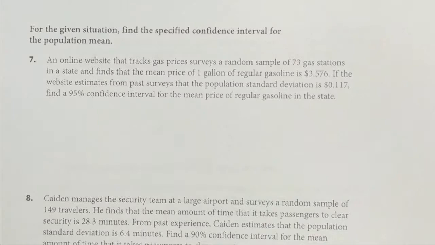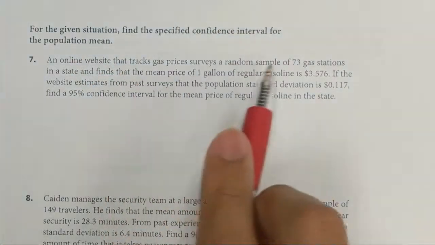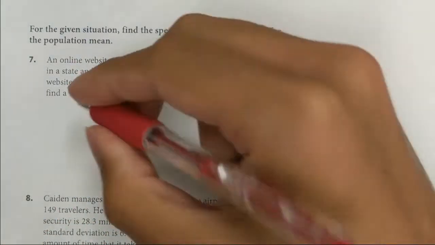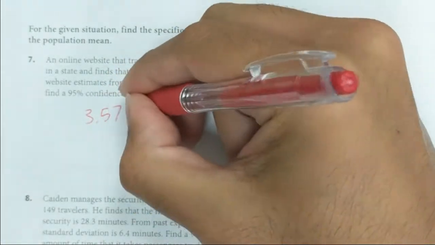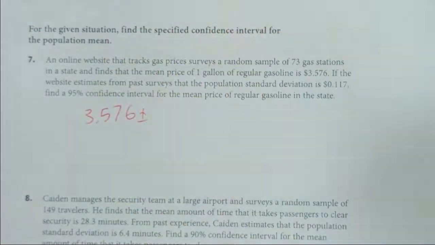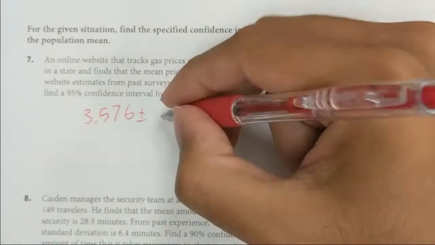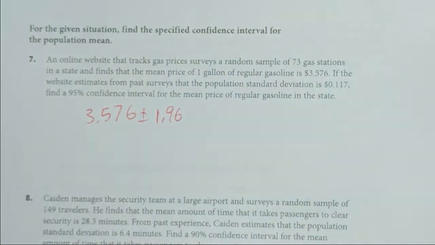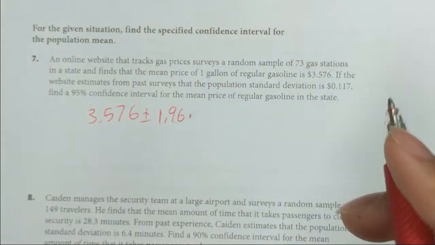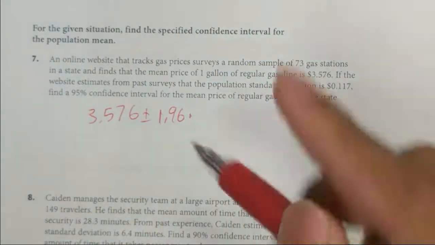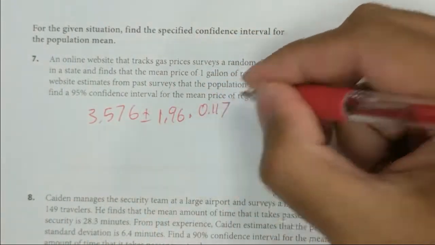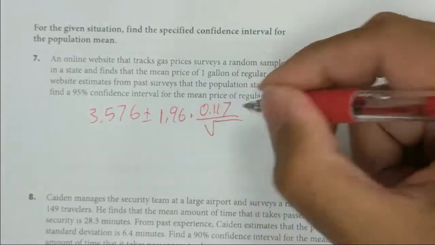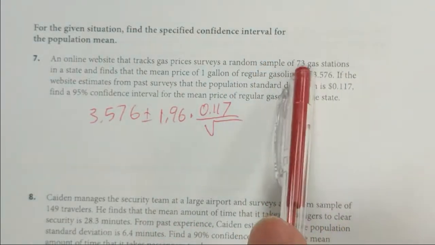So we could just do the sample mean plus or minus z star, which is 1.96, times the population standard deviation divided by the square root of the sample size.